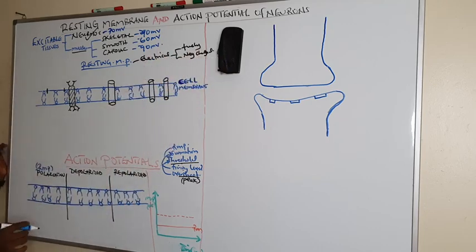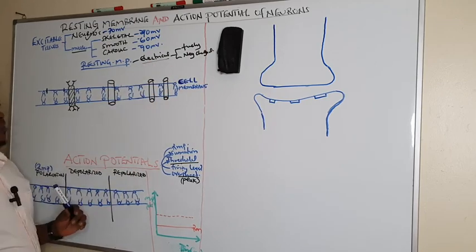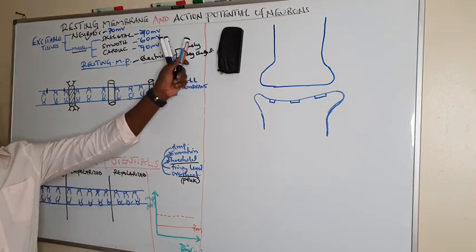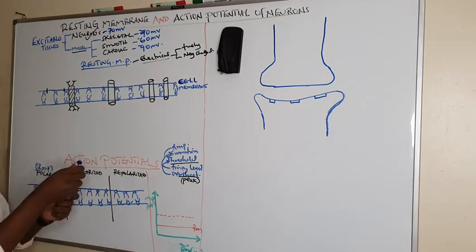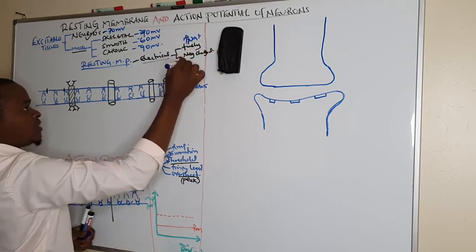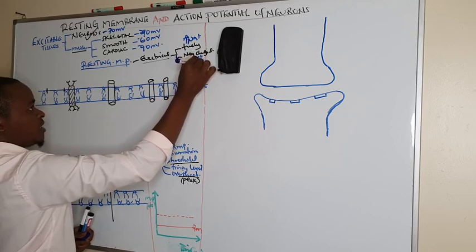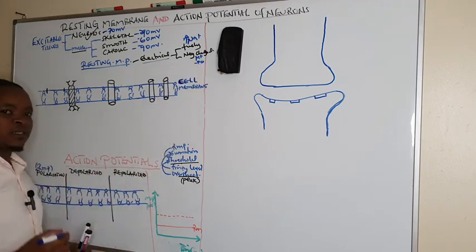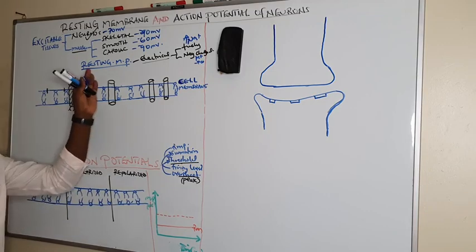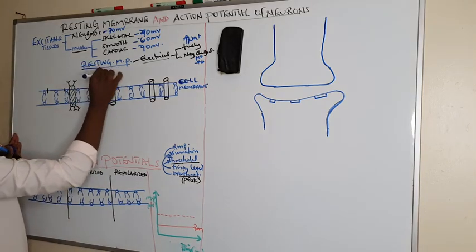That is a resting membrane potential, whereby the ions outside the cell are positively charged due to accumulation of sodium ions. This positive charge outside is due to a high concentration of sodium ions, and the negative inside is created by the potassium and the negatively charged substances like proteins and phosphates. That is what we call the resting membrane potential. And at this point, there is no impulse transmission.